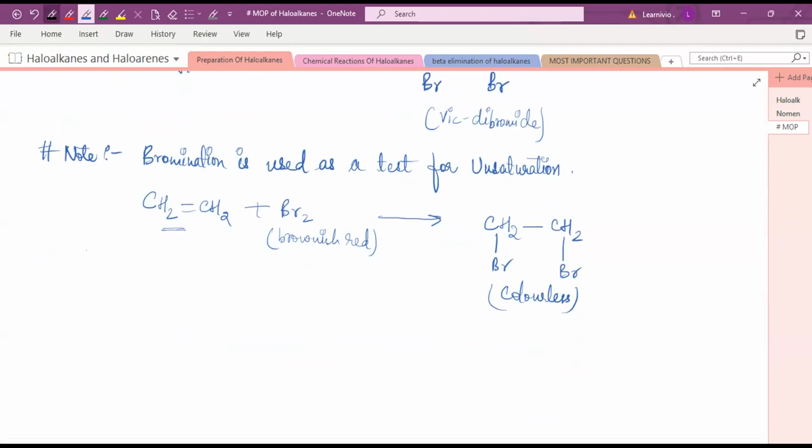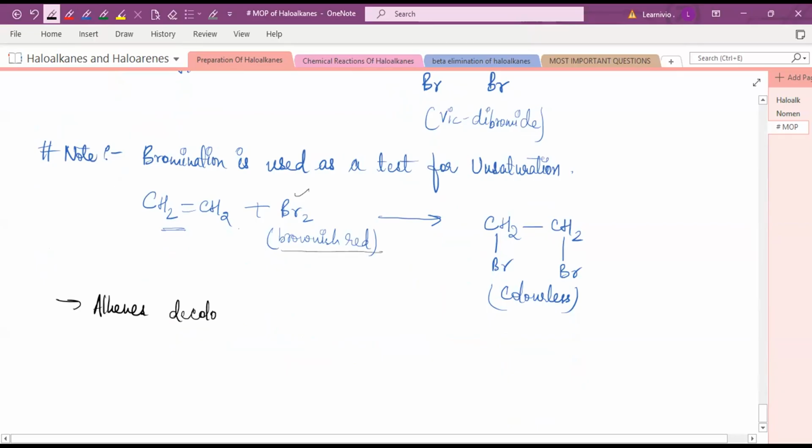Okay, yes, write down, ma'am. Alkenes decolorize bromine, because we know that bromine is brownish in color. When you add alkene or any unsaturated compound to bromine, you will get a colorless compound. So alkene decolorizes bromine water.